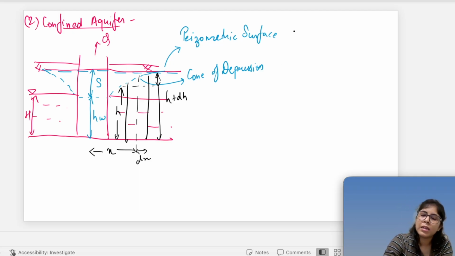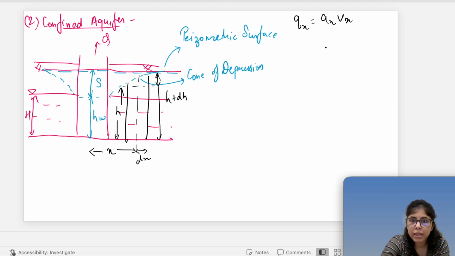Now let's derive it. Qx is nothing but Ax Vx, right? Area into velocity, and area is nothing but 2 pi x of this observation well, and total height is going up to capital H, right? And v is nothing but k into dh upon dx.